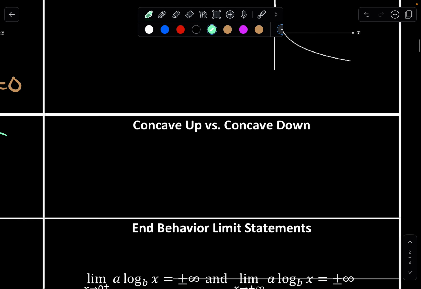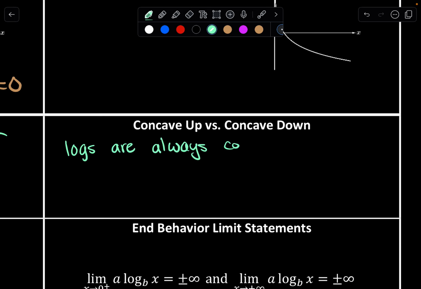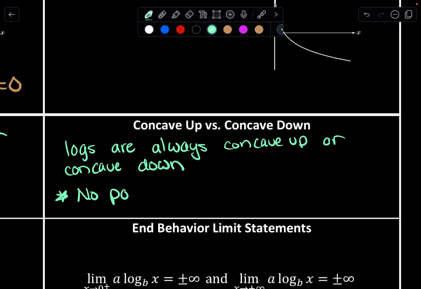And then same thing with concavity. Logs are always concave up or concave down. So this means no points of inflection.